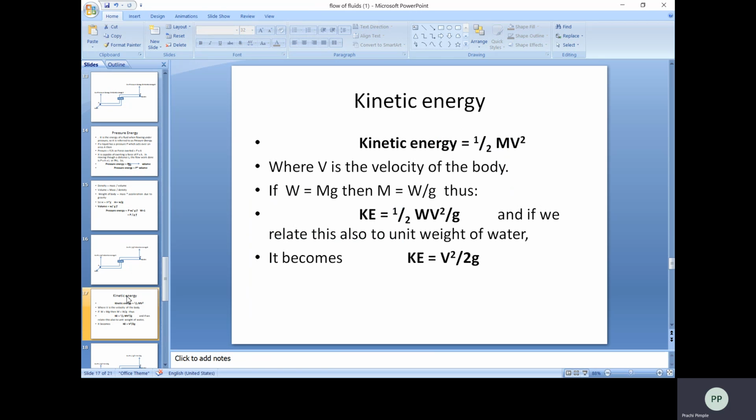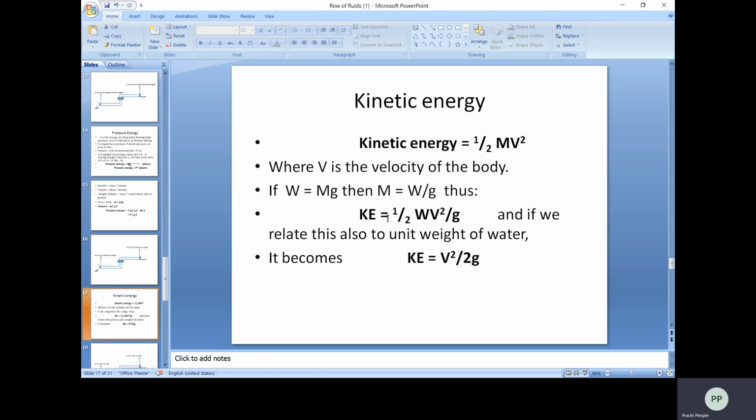Now talking about the kinetic energy. As we know, kinetic energy is half mv square, right? Where v is the velocity of a body, or we will say velocity of a fluid, and m is the mass. Again, I'm going to rewrite the mass by considering weight in the picture.